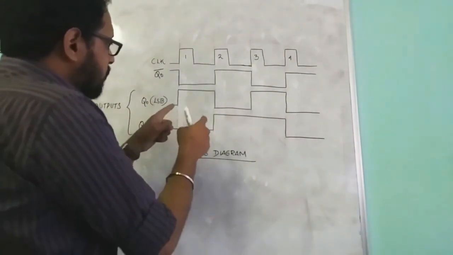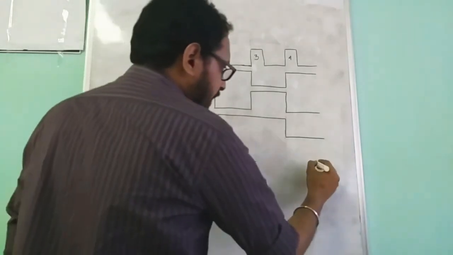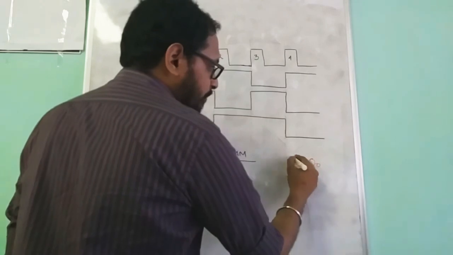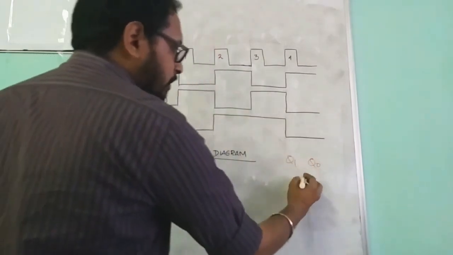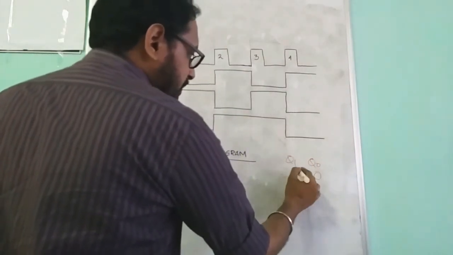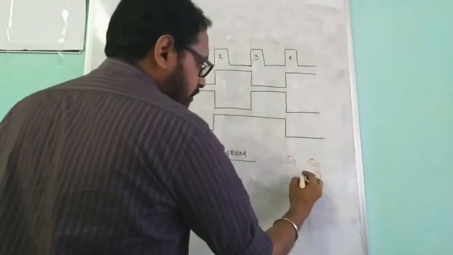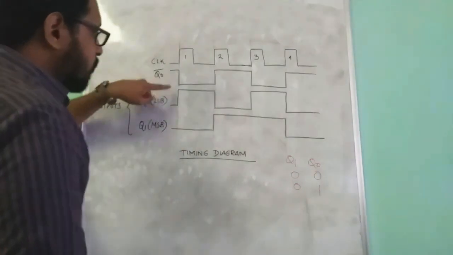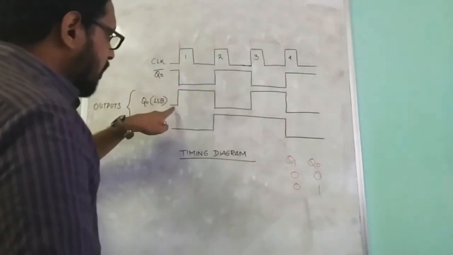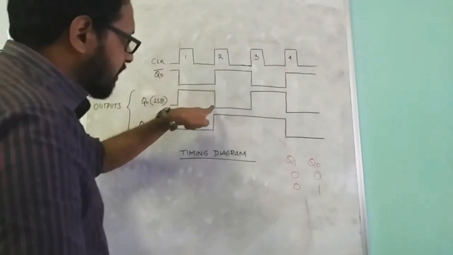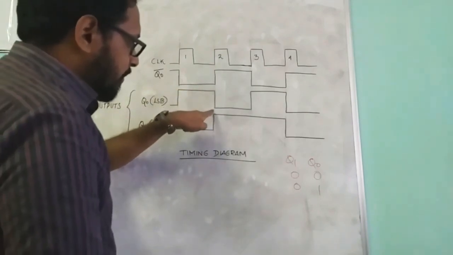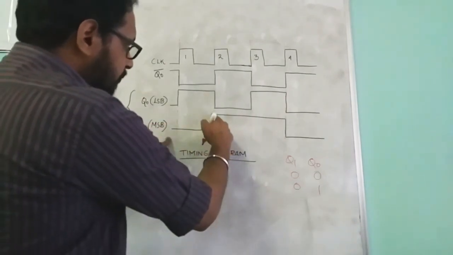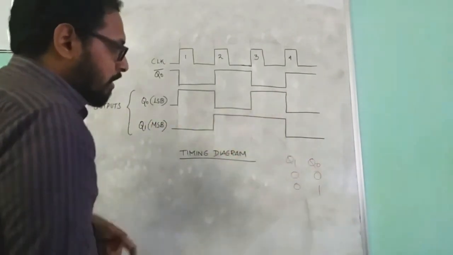What I have shown here is the LSB and the MSB, that is Q0 and Q1. The initial value is not shown here. This is the initial value, and this was the next value during the first clock pulse. So Q0 is in the high state, and Q1 is in the low state.